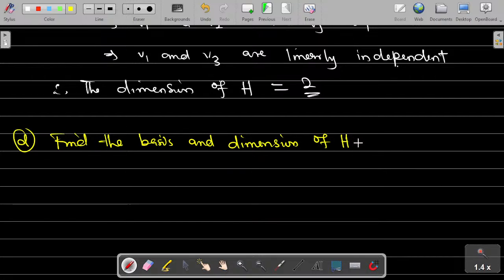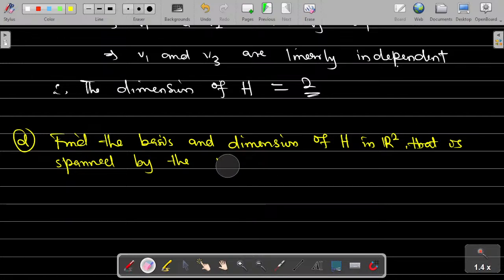Okay, H in R2 that is spanned by the vectors. Okay, what am I saying? Sorry, I'm rewriting the question in number 2C.